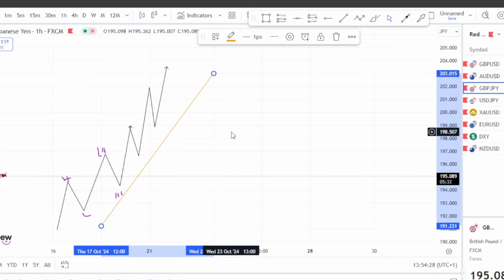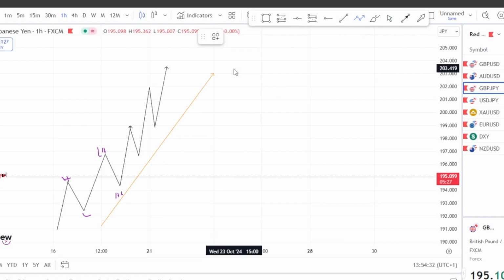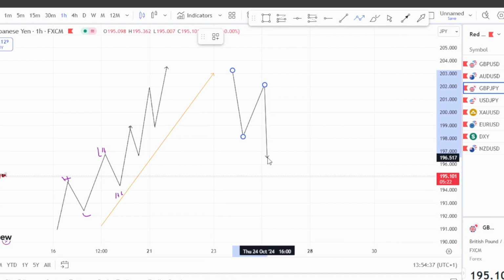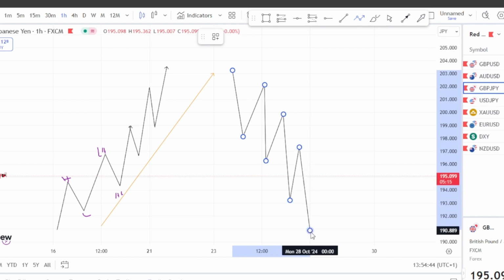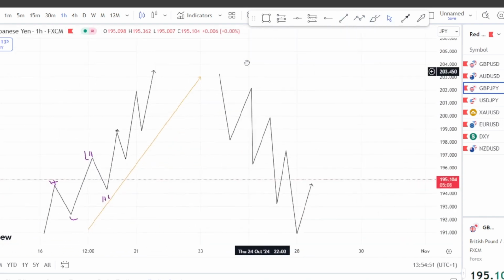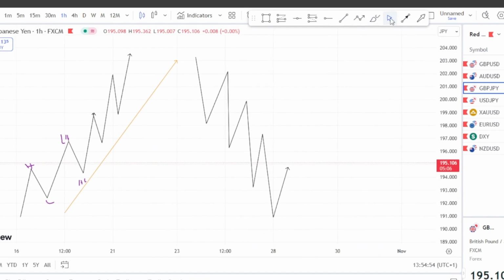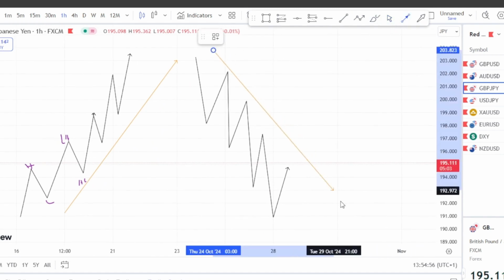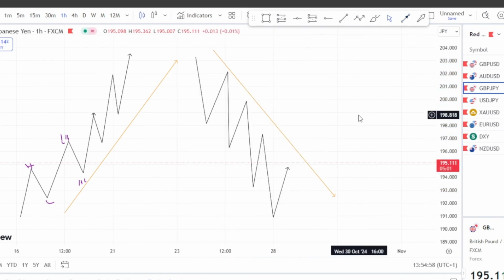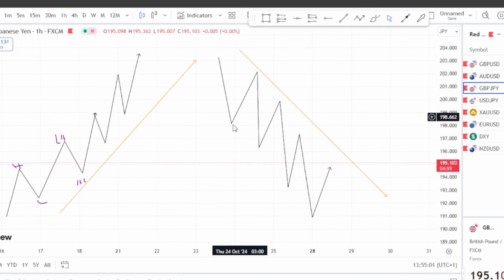We have an uptrend. There are some situations where you have a lower low and a lower high, another lower low, a lower high, a lower low. In this market condition, it is called a bearish trend.